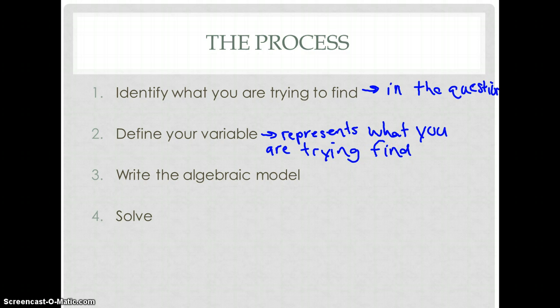Once we have defined the variable, we'll write the algebraic model and then solve. At this point, we're worried about setting this up. We'll get into solving here in the coming weeks. But the first 3 steps are very, very important.